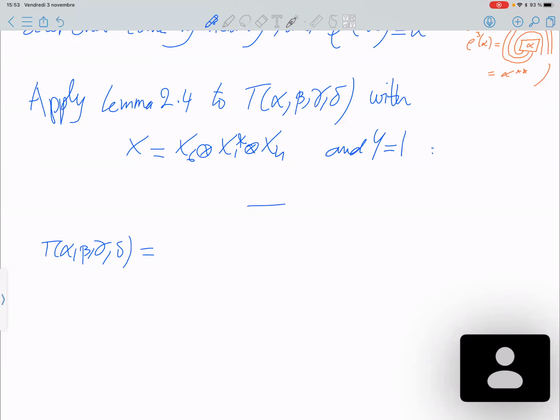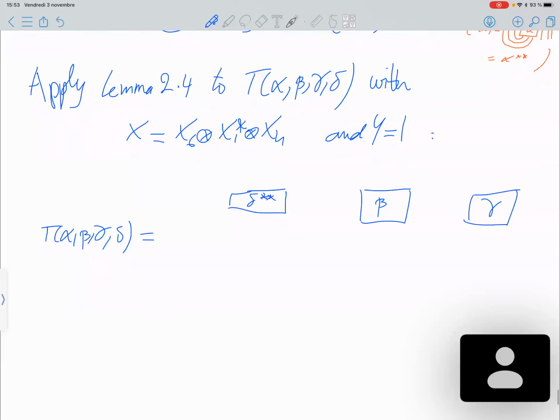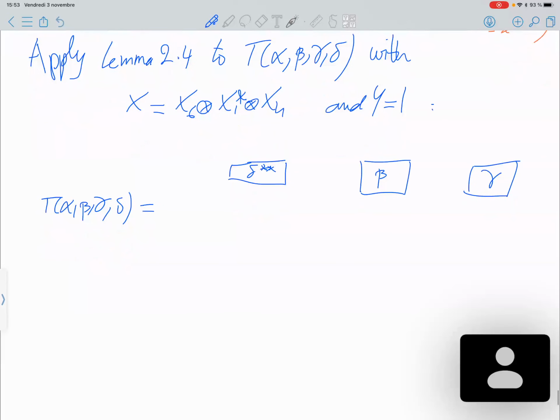So you have delta double dual, beta, gamma, alpha, beta, gamma, delta. And you have the alpha here.